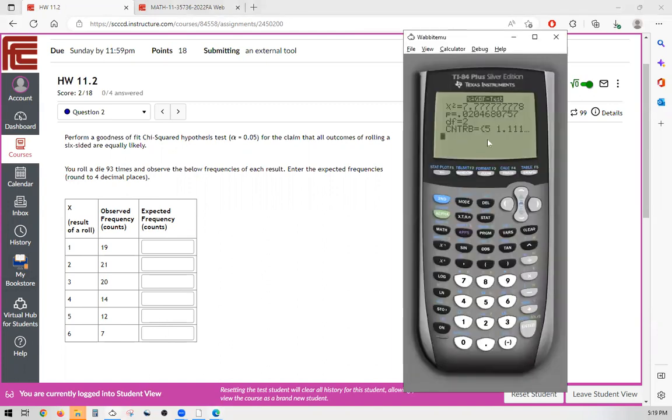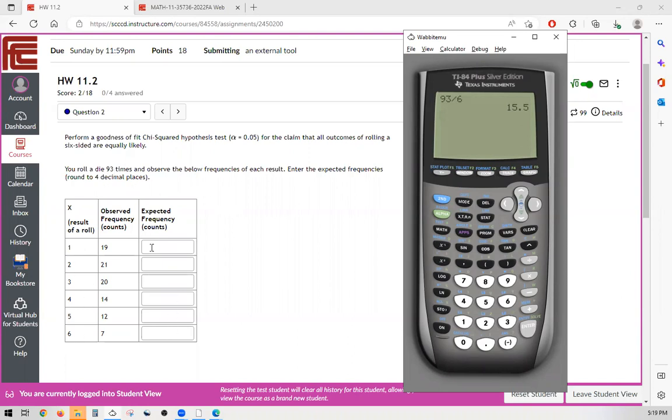The way you would figure that out is you can add up all these, but all of this adds up to 93 because you rolled it 93 times. But you would take the 93 and then divide it by 6. Why 6? Because there are 6 different numbers on a 6-sided die, and all of them should be equal.